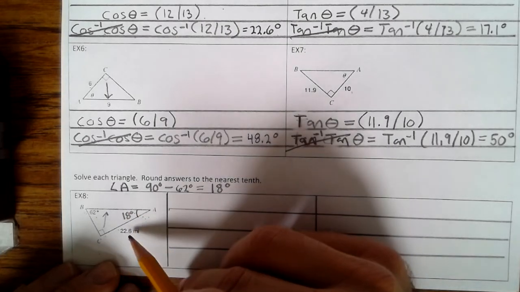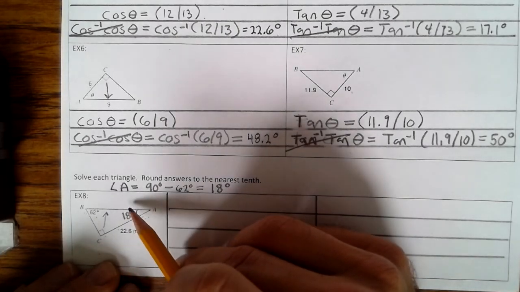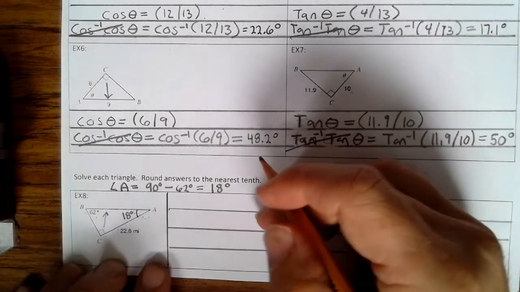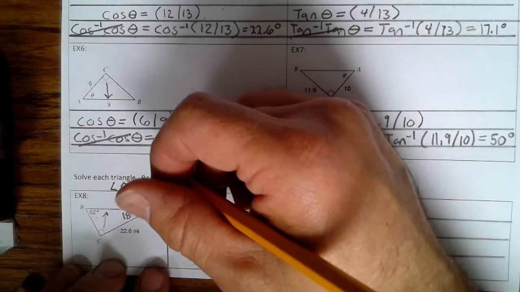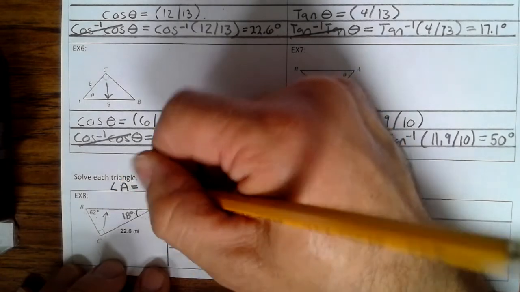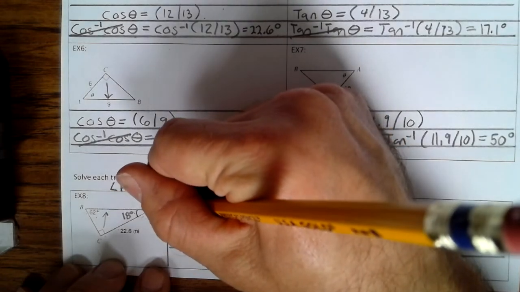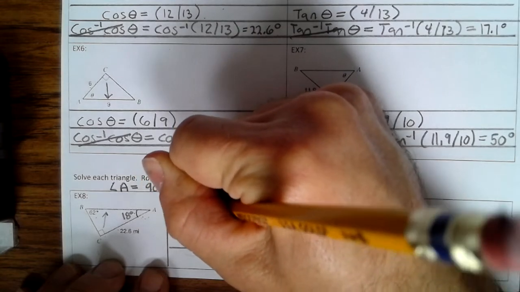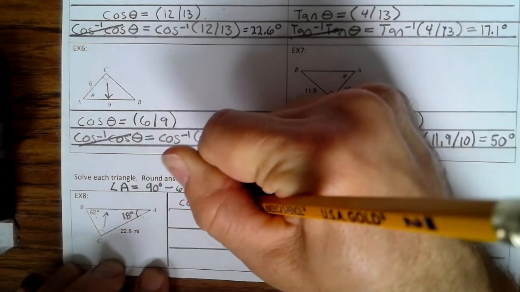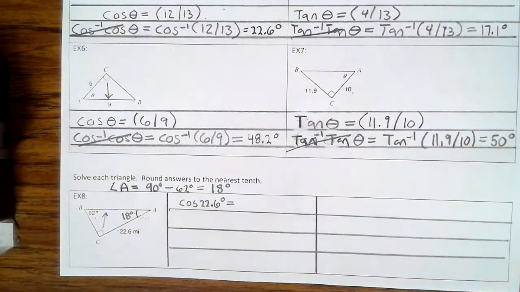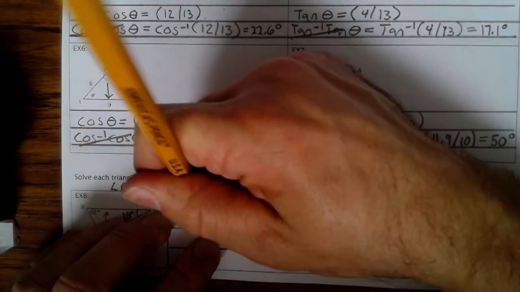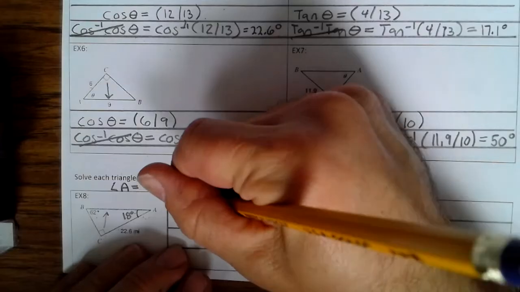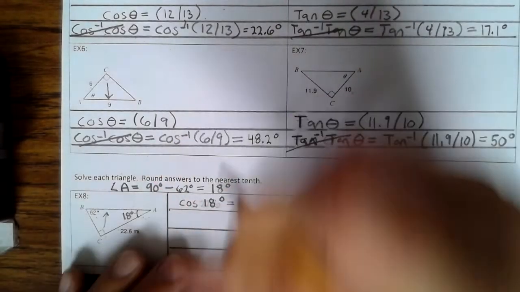So that would be cosine. Oh, what am I doing? Not that. So I want to be careful when you work. That's cosine of 18 degrees. Let's go to the adjacent, which is 22.6, divided by BA.